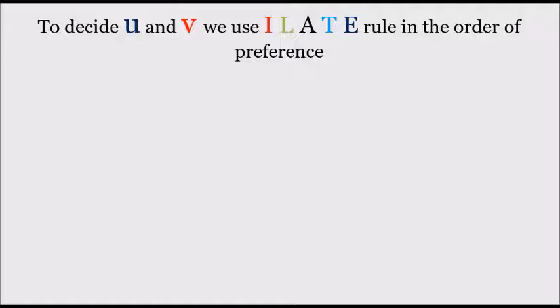To decide u and v, we use a rule called ILATE rule in order to have the preference of which has to be taken as u and which has to be taken as v. Now what does ILATE stand for?